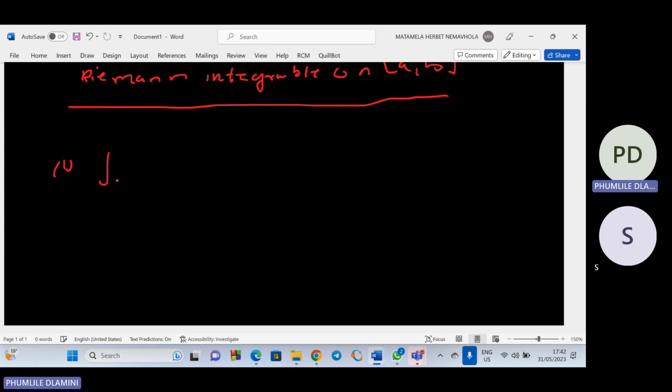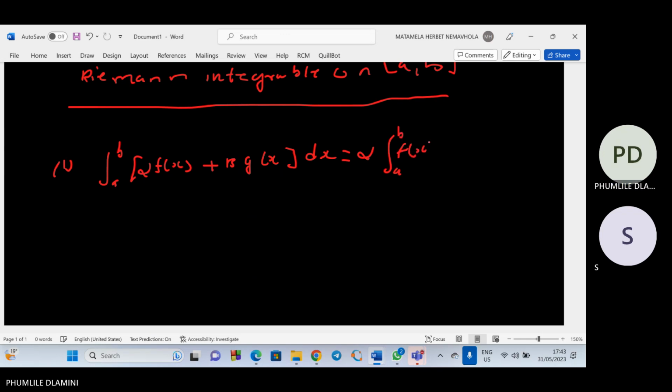If you have an integral from a to b of alpha f of x plus beta g of x dx, then you can rewrite this as alpha times the integral from a to b of f of x dx plus beta times the integral from a to b of g of x dx.